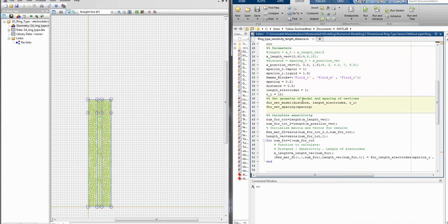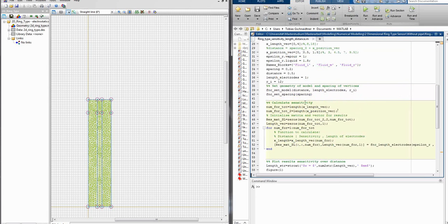To focus on the MATLAB code, it is divided into 4 parts. In the first part, labeled parameters, the parameters of the simulation can be defined. These may include quantities such as the length of the electrodes, the distance between the electrodes, the relative permittivity of both faces, and, for example, the mesh spacing. In the following section, where you can set the geometry of the model, the initial parameters of the geometric model as well as the mesh spacing are set.